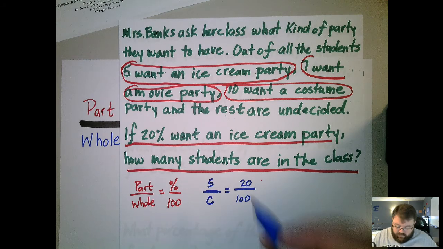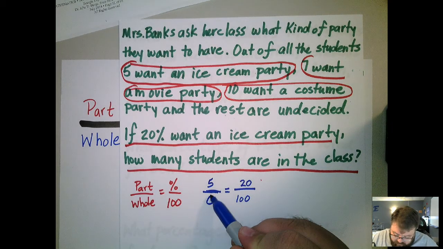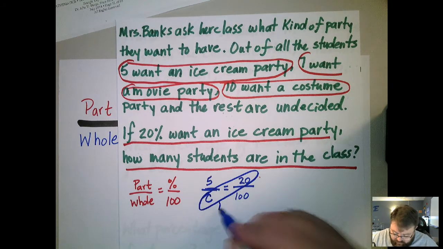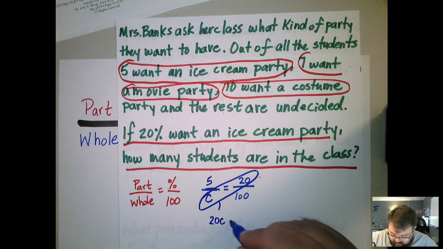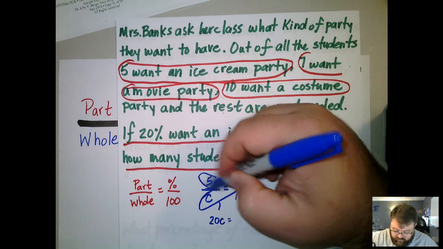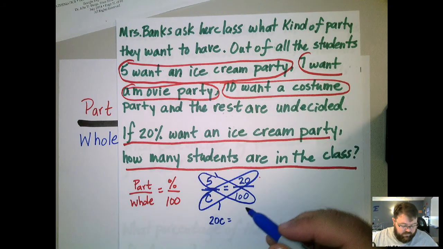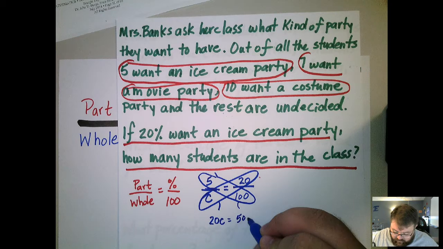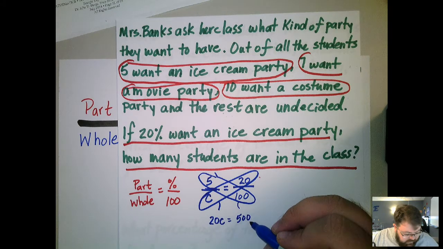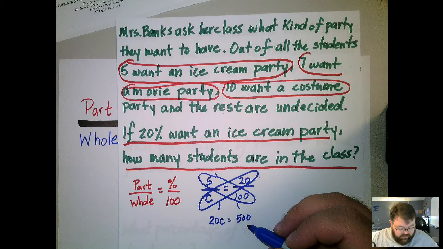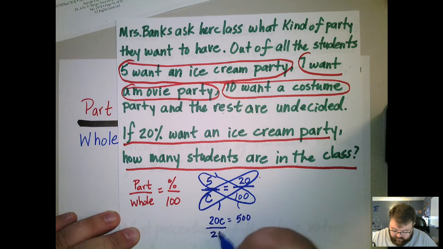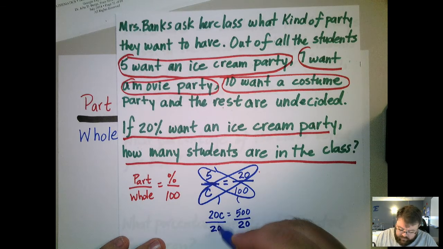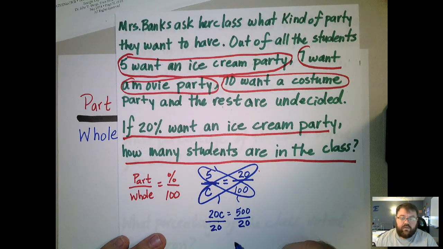All right, moving on. Let's do C times 20. C times 20 is 20C. Then I'm going to do 5 times 100, and that's going to be 500. And from 500, the next thing I want to do is divide both sides by 20. 20 divided by 20 is 1.